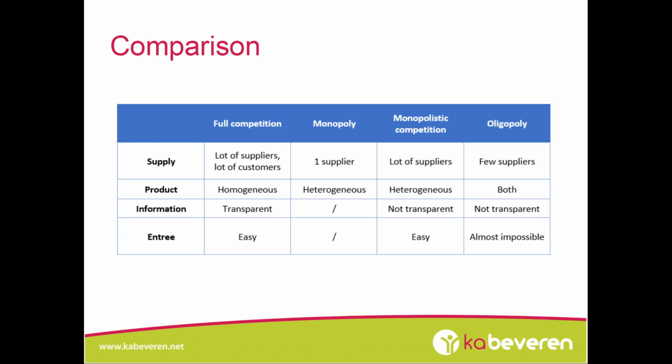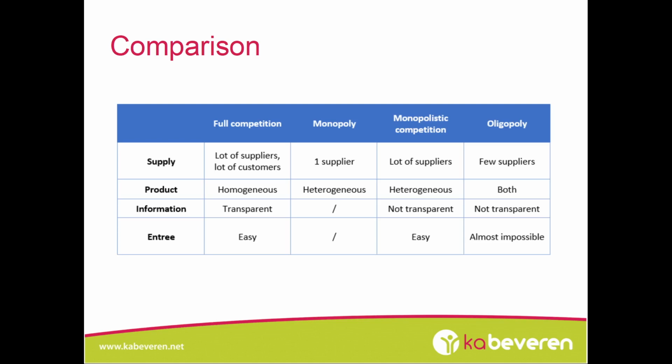Let's say Netflix and Disney Plus. They are both streaming services, but they offer a different amount of movies and series, and Disney is more family friendly, while Netflix also allows more, let's say 16 plus movies with a lot of violence in it. So that's different.